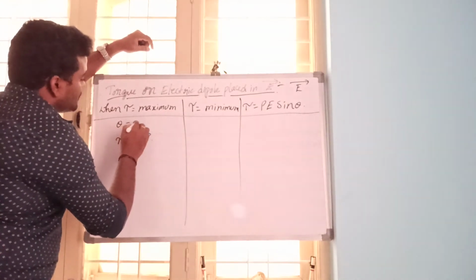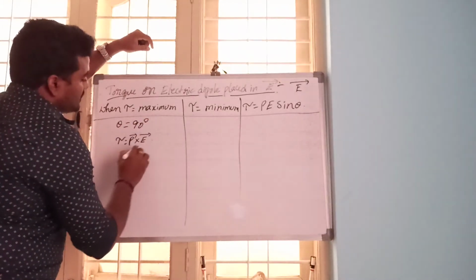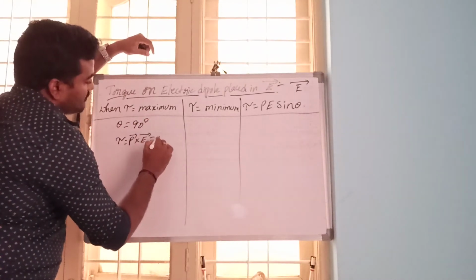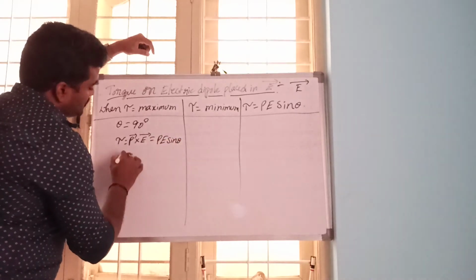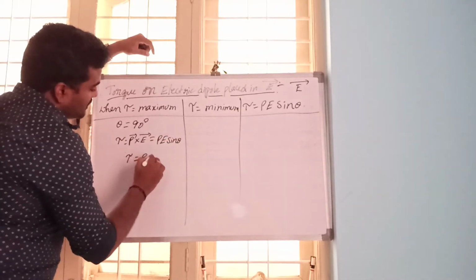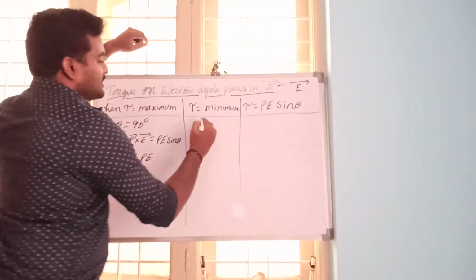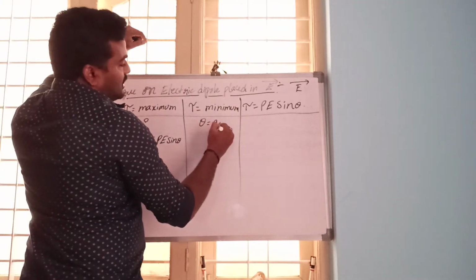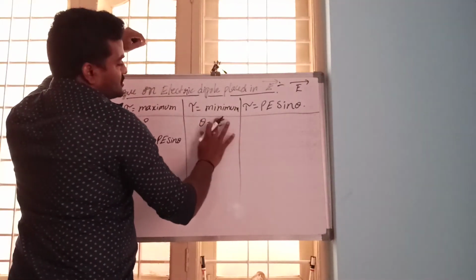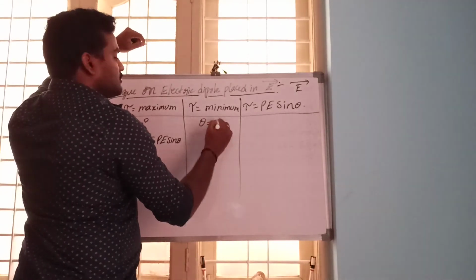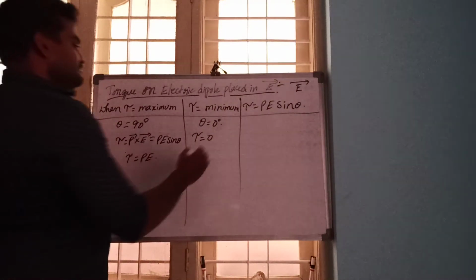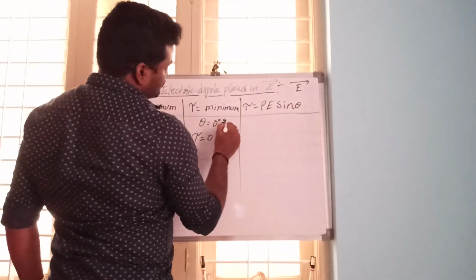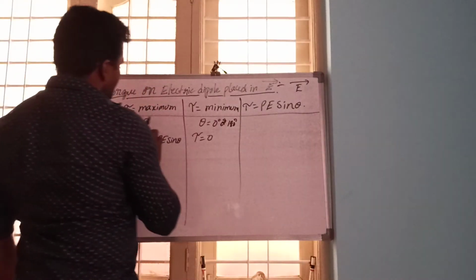When it is 90 degrees, PE sin theta will be maximum, so torque tau equals PE. If they are aligned in parallel, then no torque will take place. Tau equals 0. Here it is 0 or 180 degrees, and here 90 degrees.